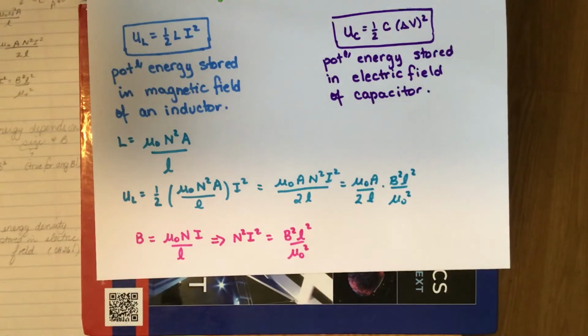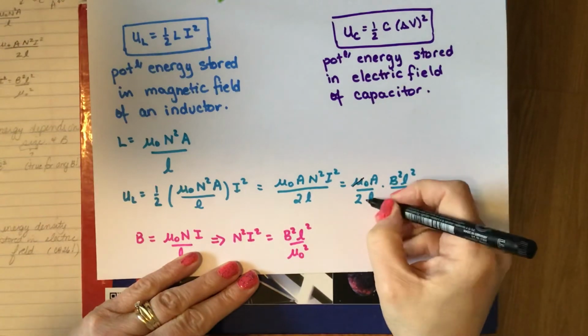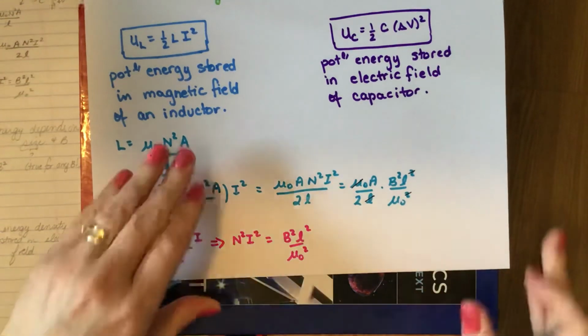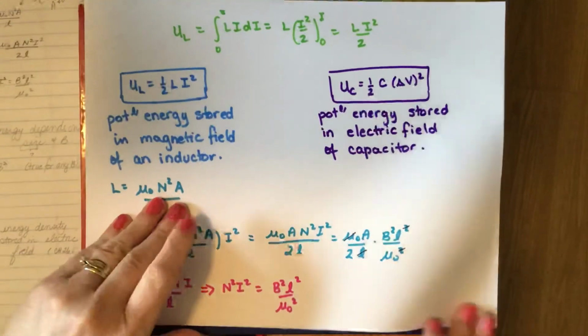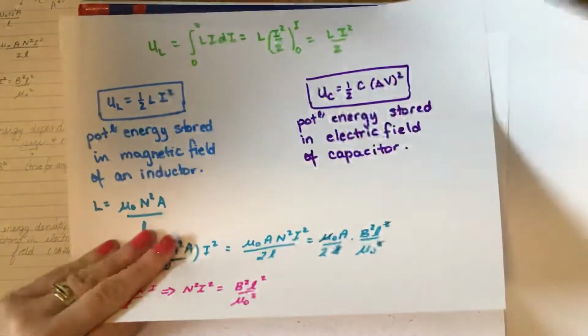This is going to simplify a little bit. This mu naught will cancel with one of these. This L will cancel with one of these. And our result will be, I think I'm going to go to a next sheet of paper. I want to keep this stuff all together.